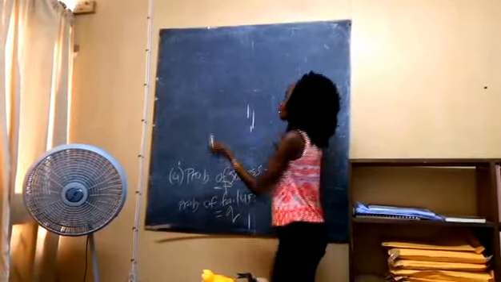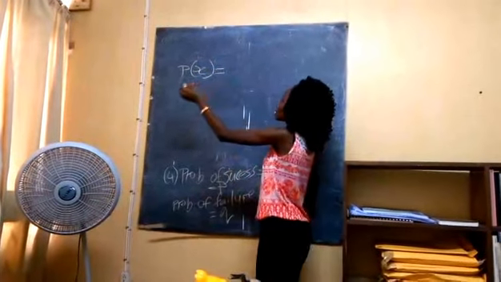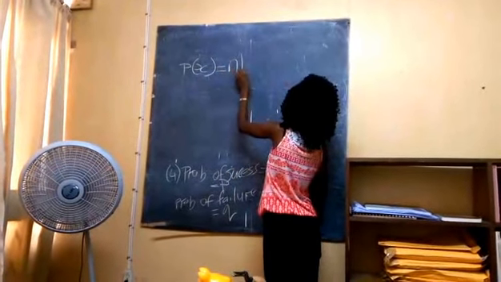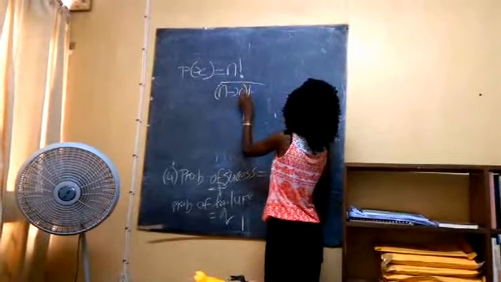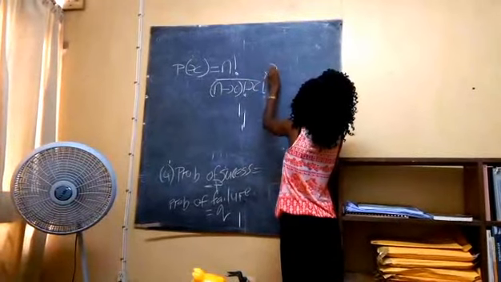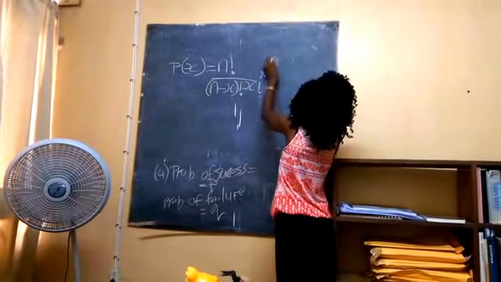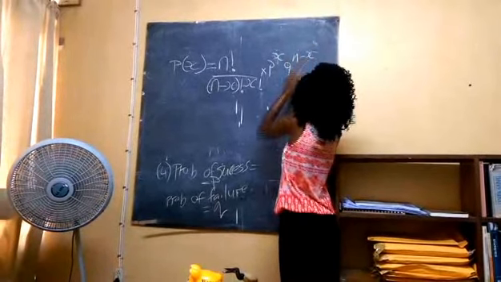We will apply the binomial formula, which looks like this. Probability of x is equal to n factorial divided by n minus x factorial times x factorial times p to the x and q to the n minus x.